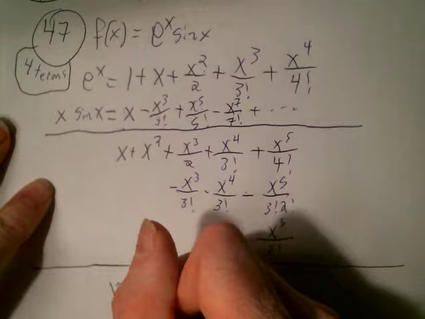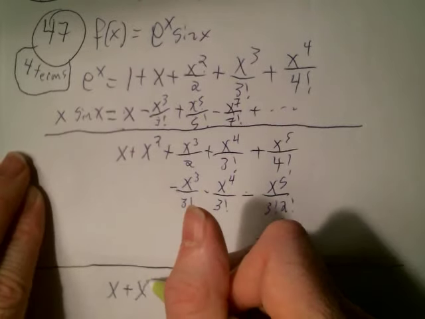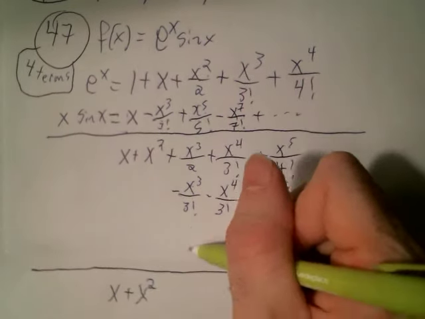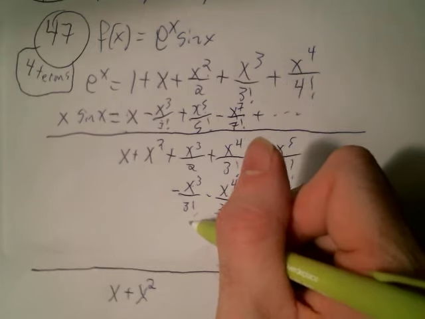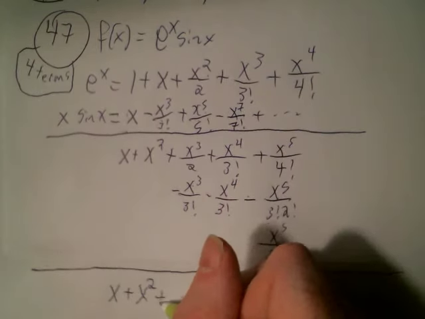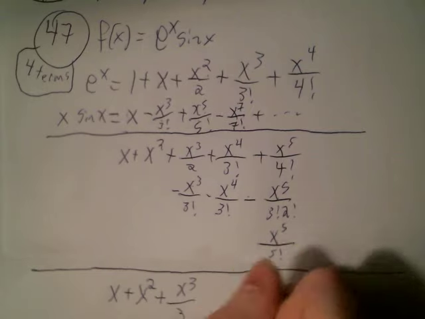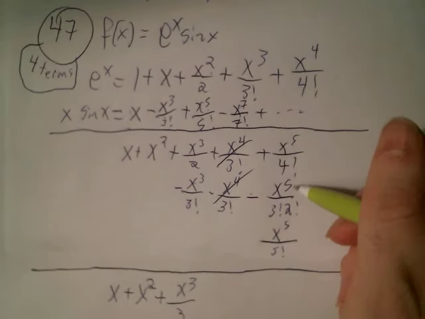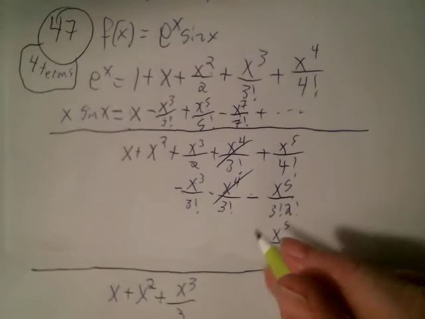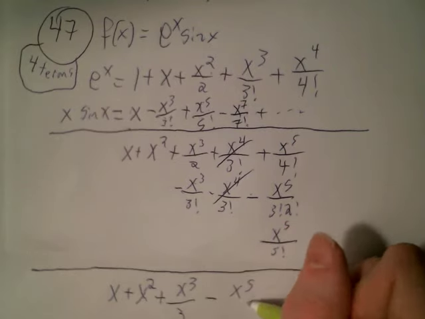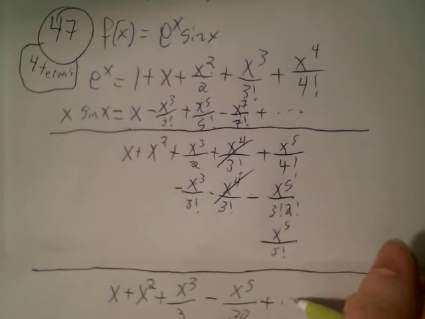So I have x, then plus x squared, and then finding a common denominator and adding them together, this will be plus x cubed all over 3. These cancel out, and then these I added earlier in my calculator, so I know it's x to the 5th over 30 plus dot dot dot.